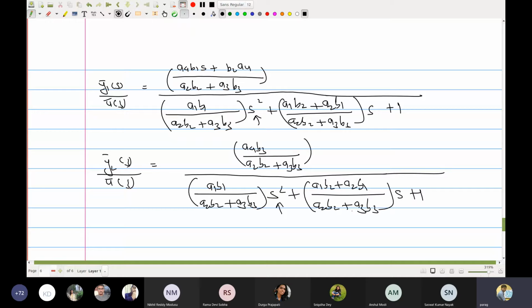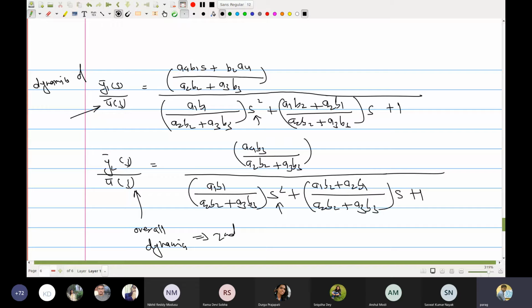What else do I see? This is the overall dynamics, which is second order. But what is this? This is output of the first tank by input to the first tank. So what does this give? This gives me the dynamics of the first tank.